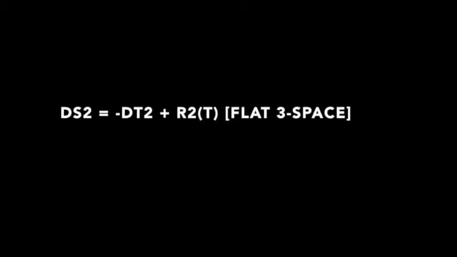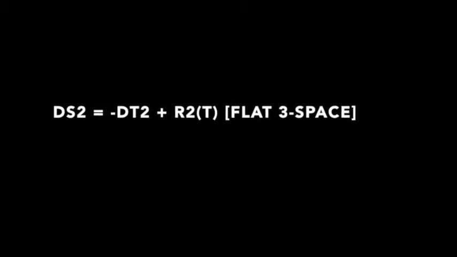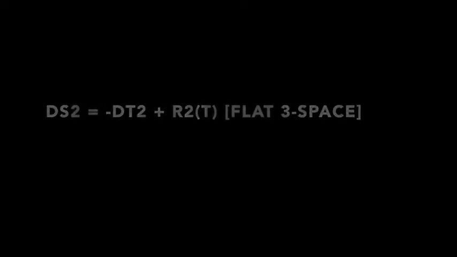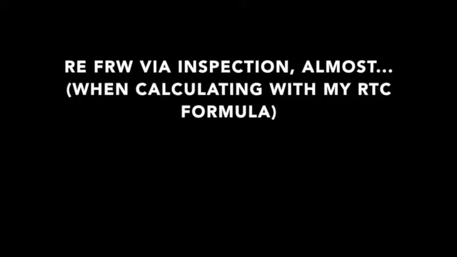If we have this metric, minus dt squared plus R of t squared times flat 3-space, and you use this formula, you'll find the Riemann tensor components for the Friedmann Robertson Walker come out almost by inspection. There's almost no calculation to do.